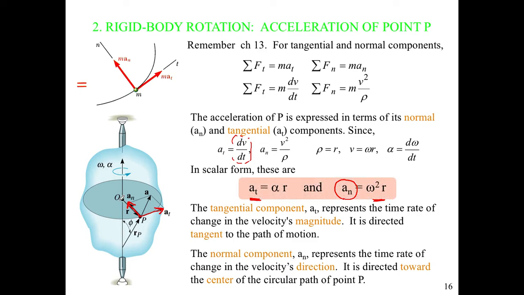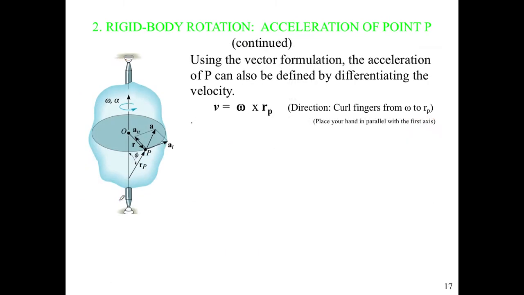Yes, these are scalar forms, let's consider their vector forms as well. Now noting that we knew that the velocity in vector form was omega crossed with r, the acceleration is of course just the derivative of the velocity, the rate of change of velocity.